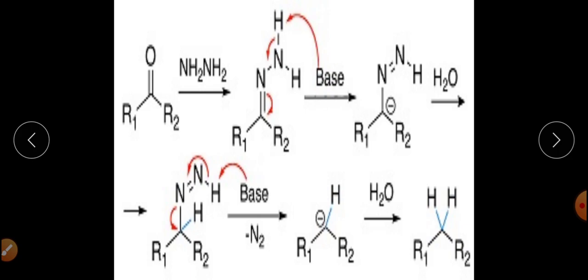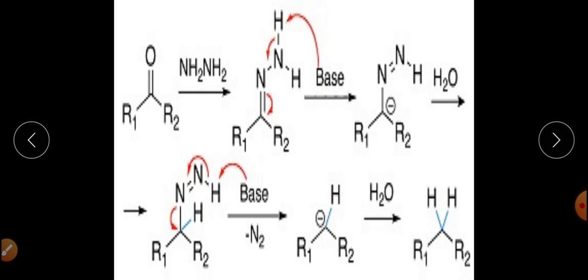Now the mechanism, as you have studied in your previous lecture, we will start from this particular hydrazone. Hydrazone has been synthesized, and after its formation, the base will first of all attack the hydrogen, and this will be removed, leaving this particular electron to form N=N, with migration of this electron to form C negative, right?